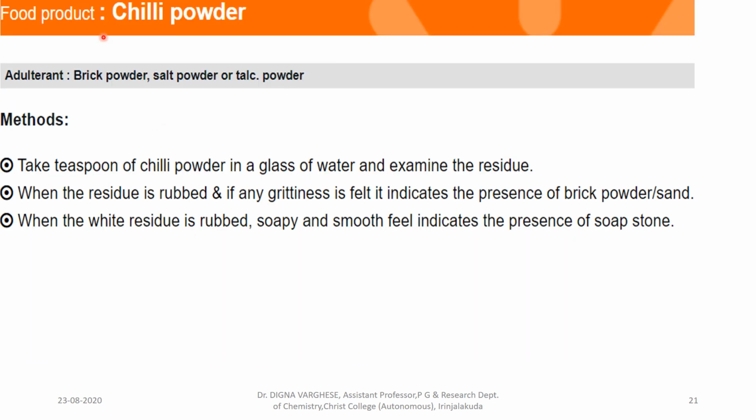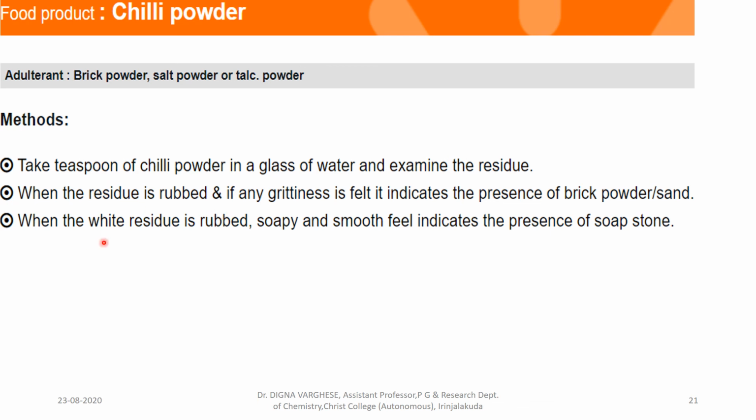Next method is to detect brick powder or salt powder or talc powder in chili powder. Take a teaspoon of chili powder in a glass of water and examine the residue. Second step, when the residue is rubbed, if any grittiness is felt, it indicates the presence of brick powder or sand in that particular sample.